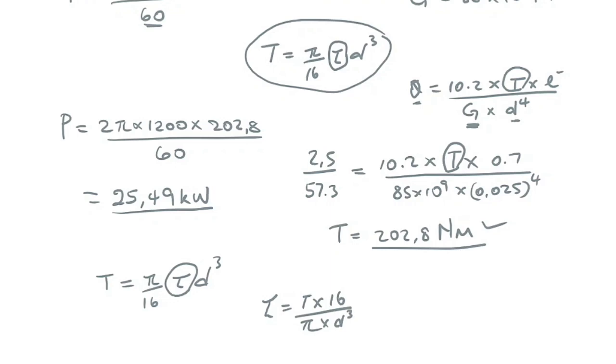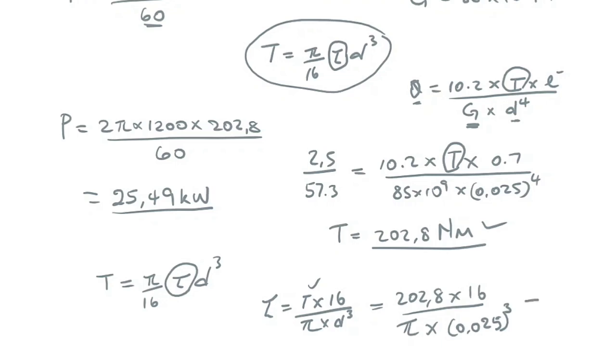Then from here we will substitute the torque. We found it 202.8, then times 16 all divided by pi times the diameter, which is 0.025 to the power 3.